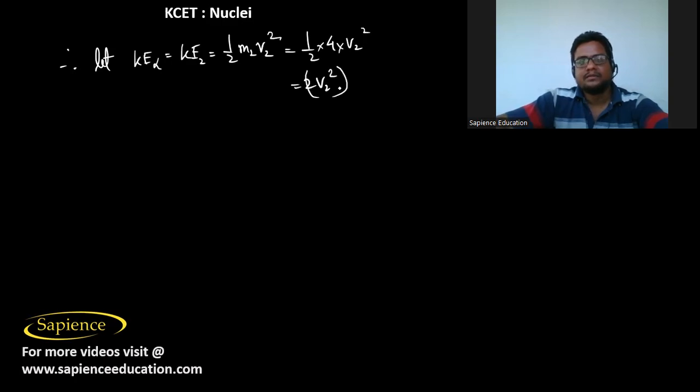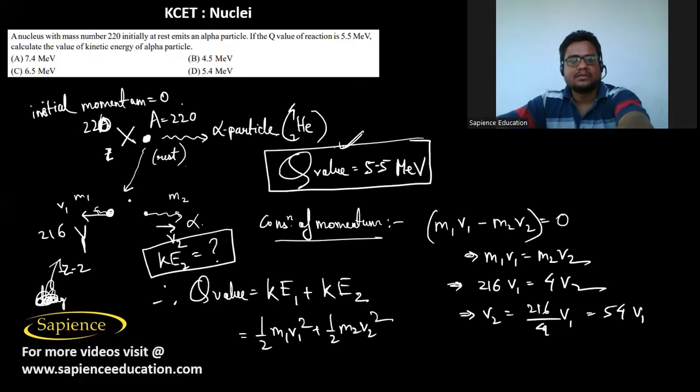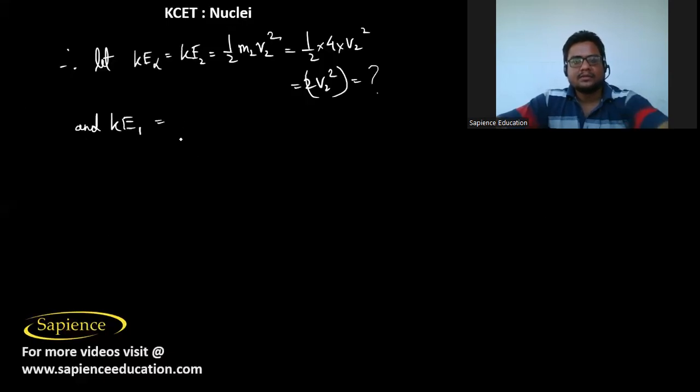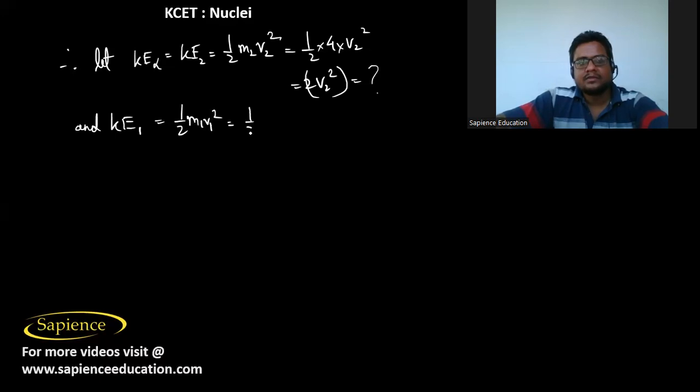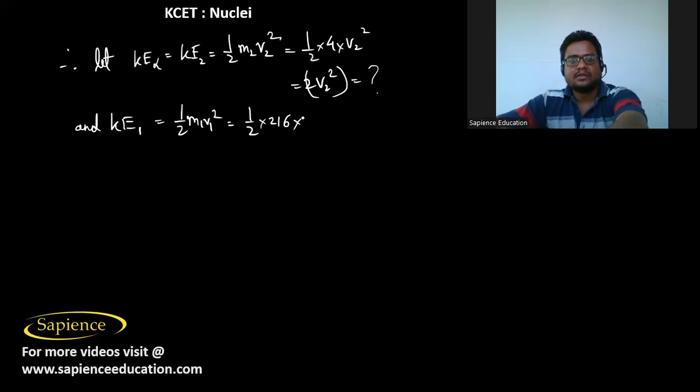And the kinetic energy of the nucleus 1 which is formed, nucleus Y, will be equal to half m1 v1 square, that is half into 216 into v1 square.